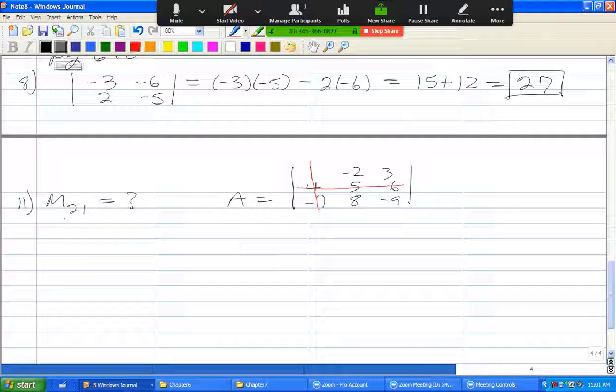So this becomes the determinant of negative 2, 3, 8, negative 9.